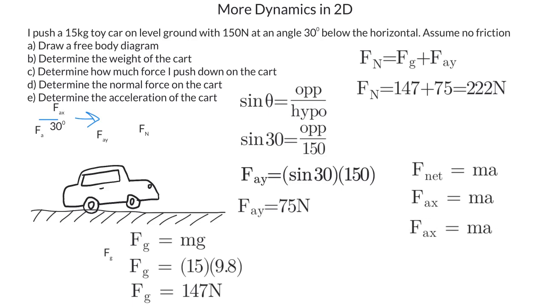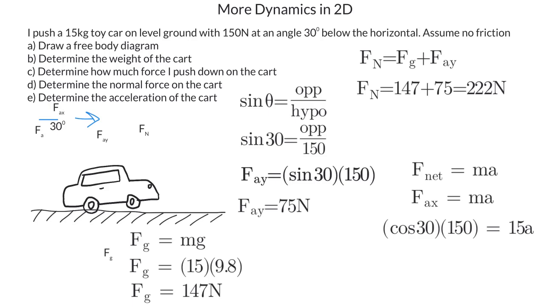Alright, so we're going to get cos 30 times 150. Oh, and I'm going off of the page here, so let me move that over. There we go. And I can already put in the mass of 15. There we go.